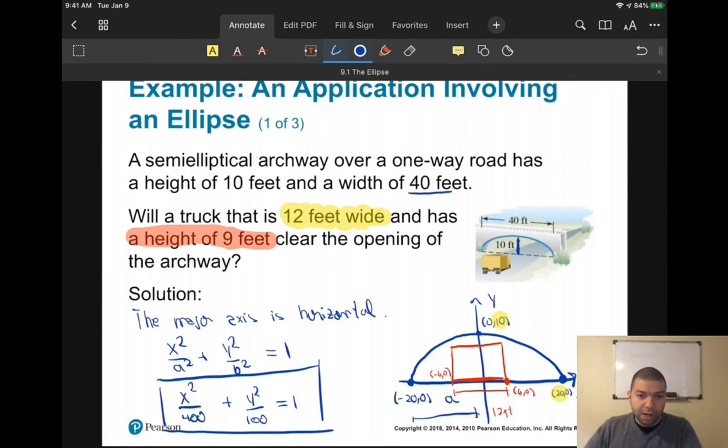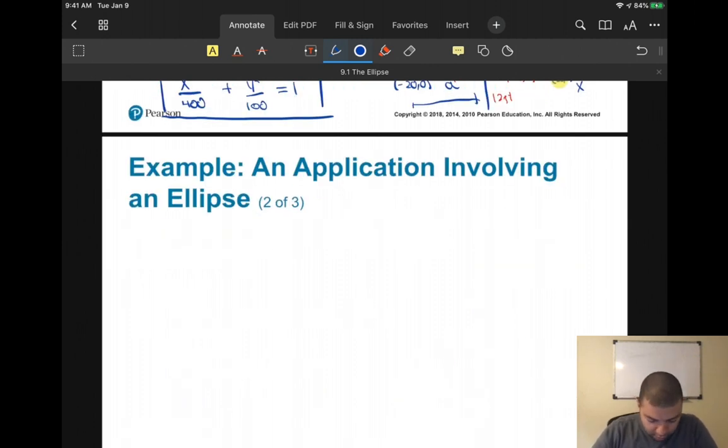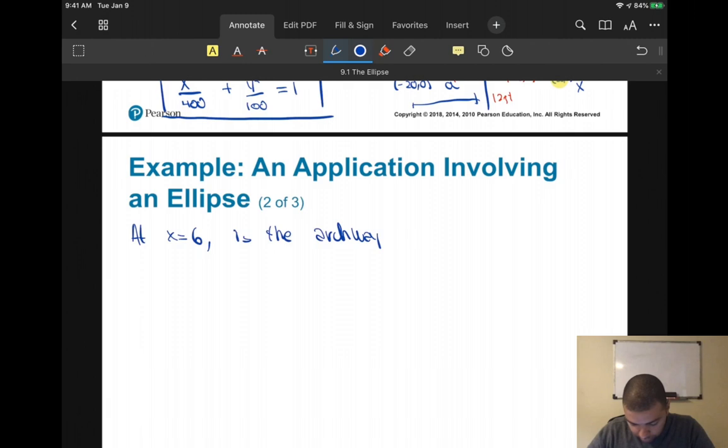I know the height of the truck is 9. I have to find what the height of the archway is at that coordinate. So that's what I'll do next. At x equals 6, is the archway height larger than 9, which is the height of the truck? That's the question.